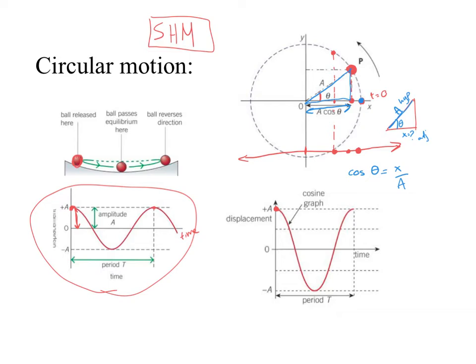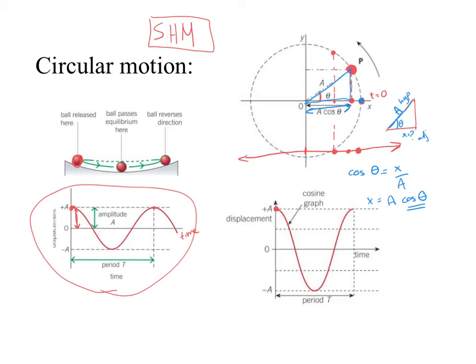That will mean that x is equal to a cos theta. So we know that the displacement as it moves around, as the angle is changing, is dependent firstly on the amplitude, and on a function of cos theta.